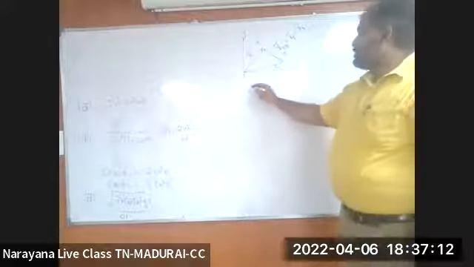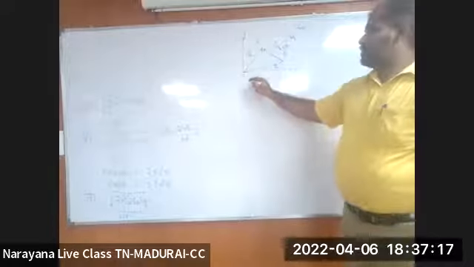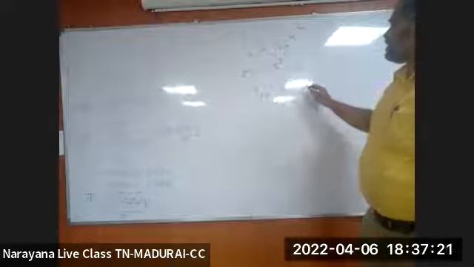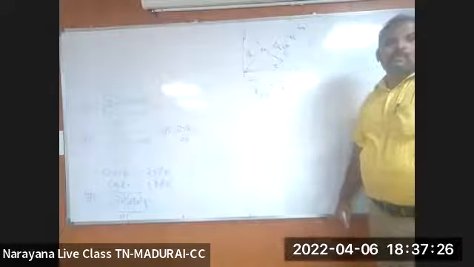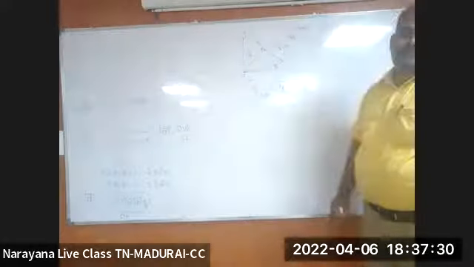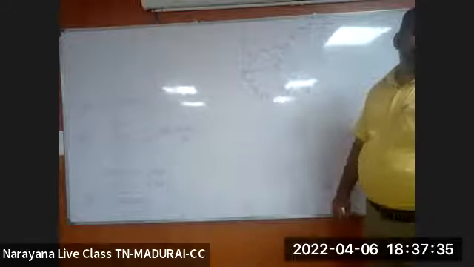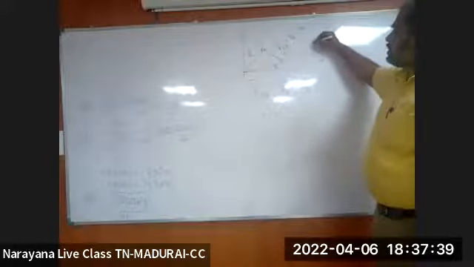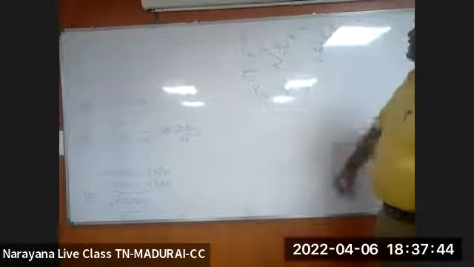So I can write one statement: position of the person P with respect to Q is equal to position of the P vector minus position of the Q vector. Now I want the position of Q with respect to P. How will he show? He will show his finger downhill like this. What is this representing? Position of the Q with respect to P. What can I write? RQ vector minus RP vector.